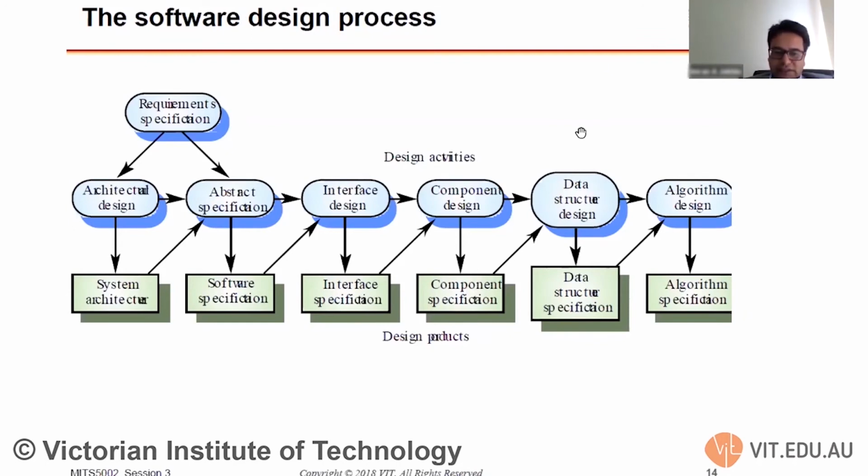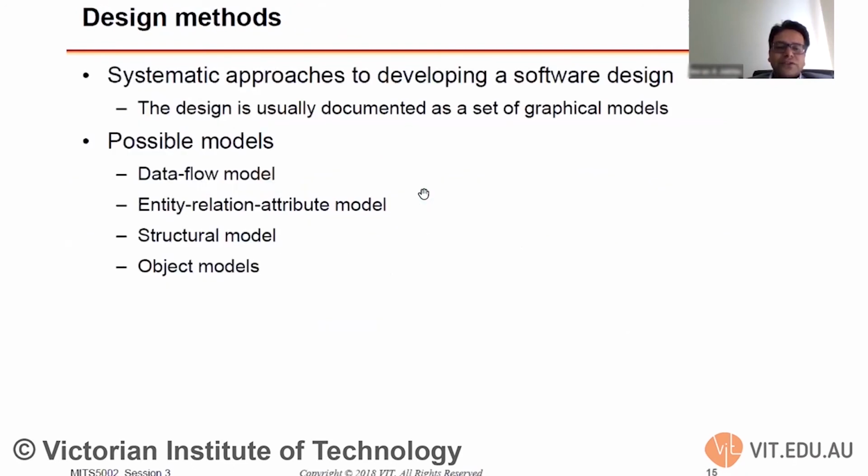So what we have in the design activities is really a systematic way of doing the design. Otherwise, if you just interchange or do certain things first, say you write your algorithm, then you create the user interfaces, or overlap these activities, if it is a smaller project, manageable, you can do it. But for larger projects, a systematic way means that if you do something, others can understand. So it's really a systematic approach to develop the software design.